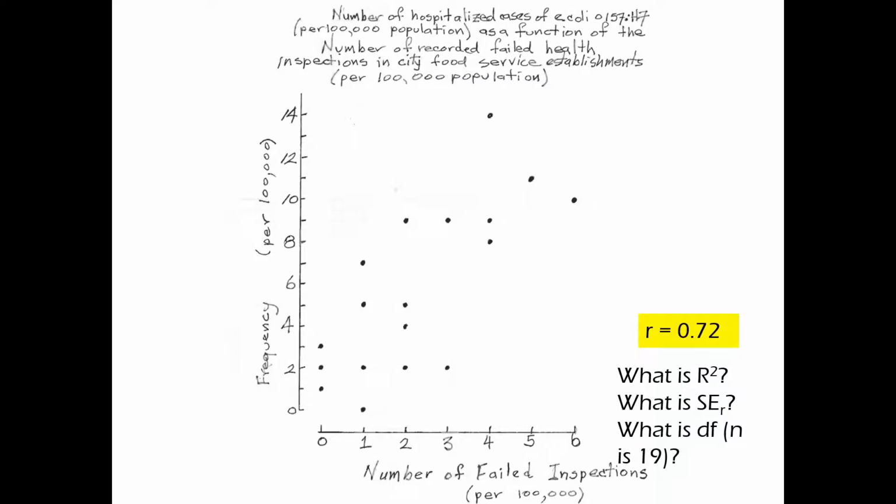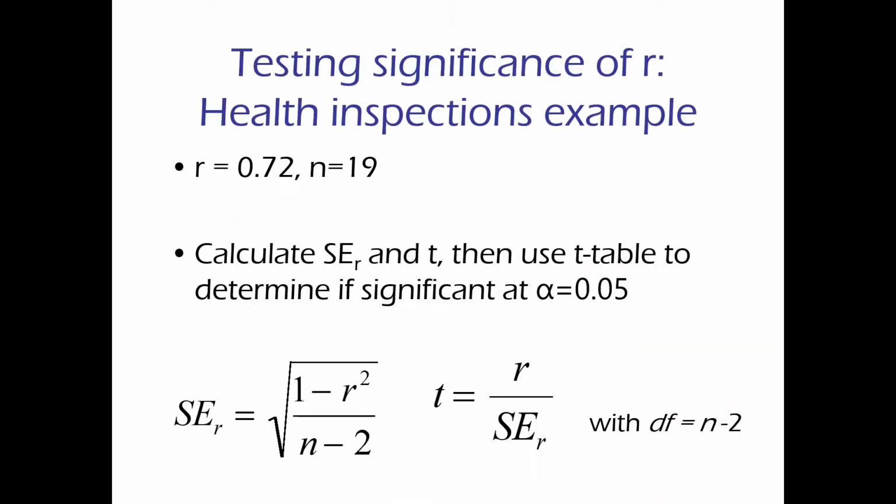Now, let's finish our correlation test on the health inspection example. To test the significance of R, we'll need to calculate the standard error of R and the degrees of freedom. The formulas for the standard error of R and t are shown here.